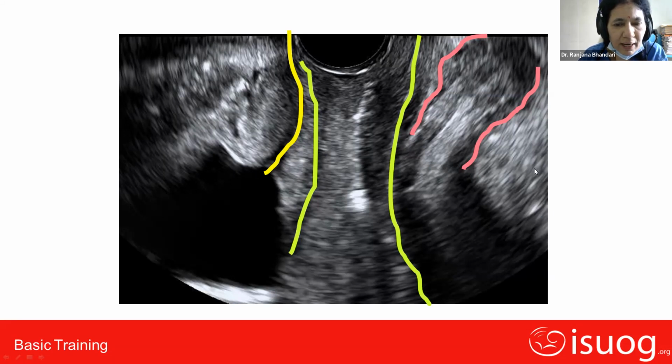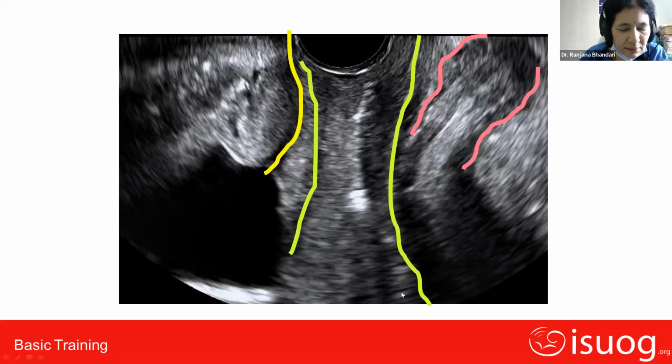Second is superior and inferior. See, all the cephalad structures or the superior structures, see, this is the fundus of the uterus. So it is lower. And the cervix of the uterus, it is upper. So all the inferior structures are in the upper part. All the superior structures will be seen in the lower part.